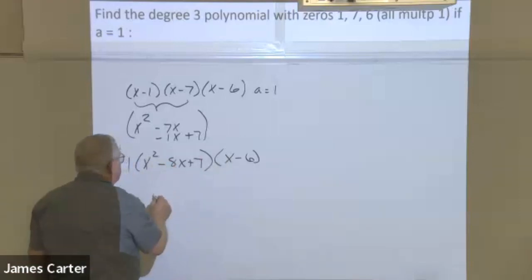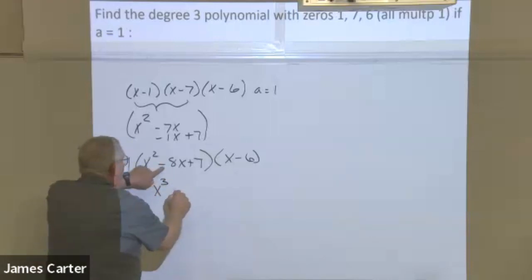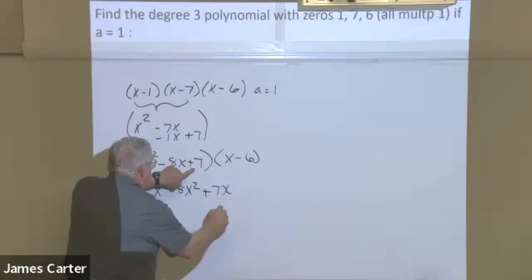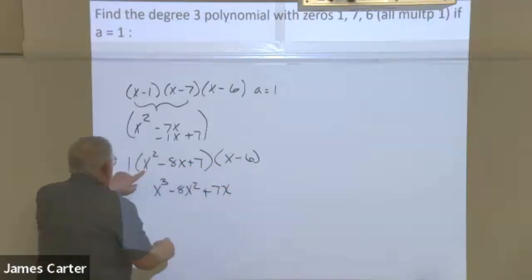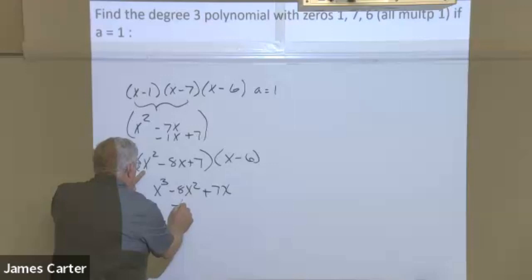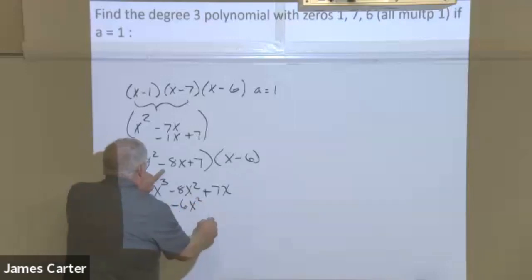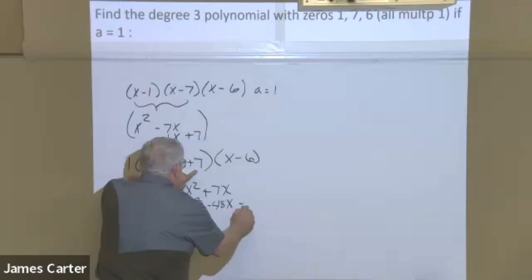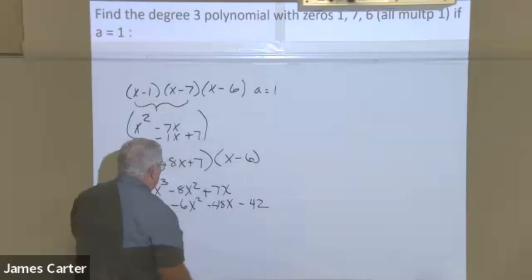So I distribute this x, and I get x cubed minus 8x squared plus 7x. Then I distribute the negative 6, and I get negative 6x squared plus 48x minus 42.